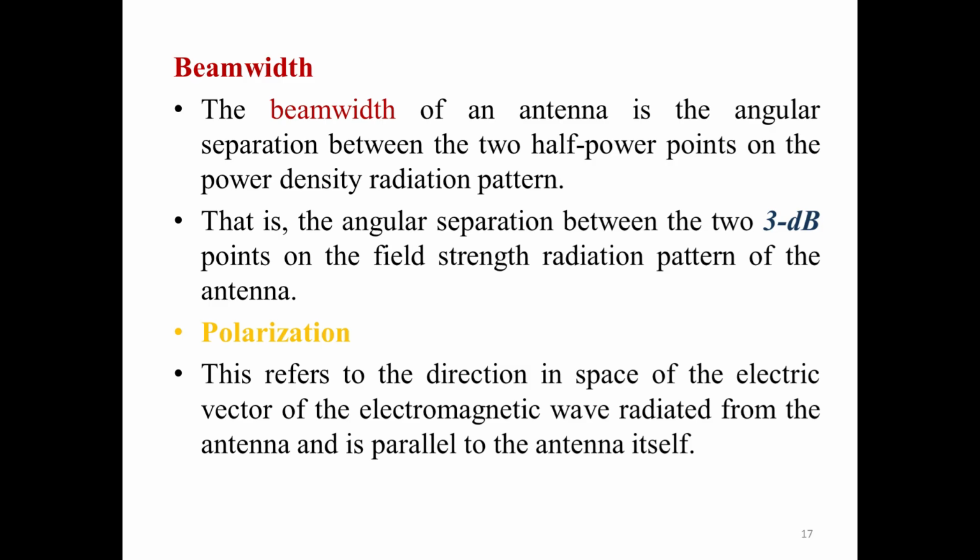That is, the angular separation between the 3 dB points on the field strength radiation pattern of the antenna. Polarization. This refers to the direction in space of the electric vector of the electromagnetic wave radiated from the antenna and is parallel to the antenna itself.